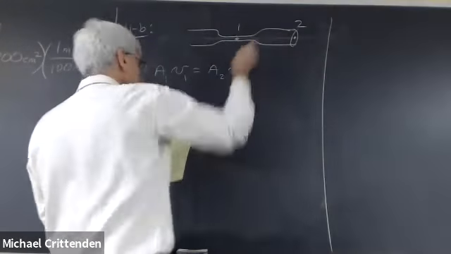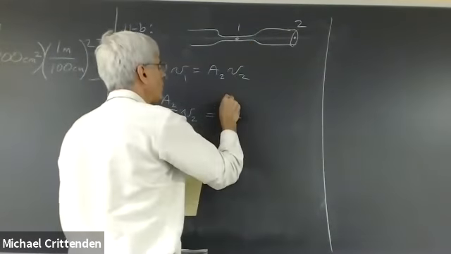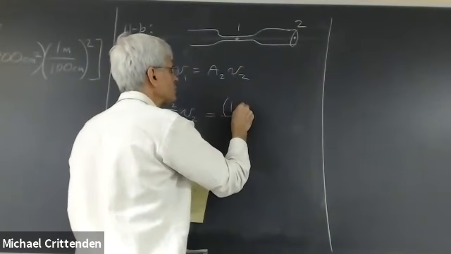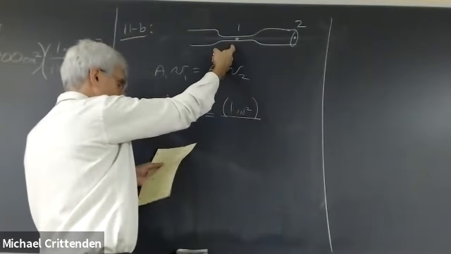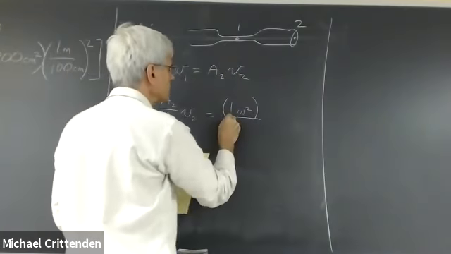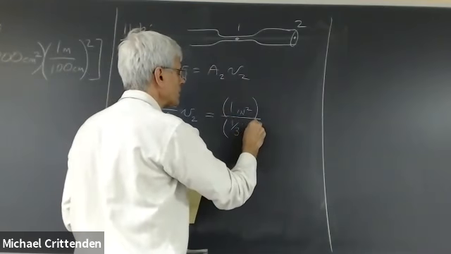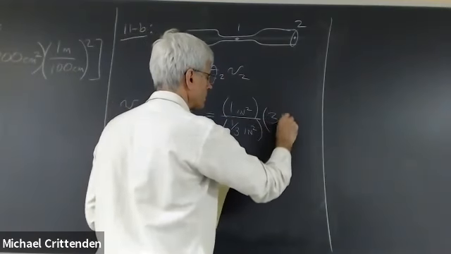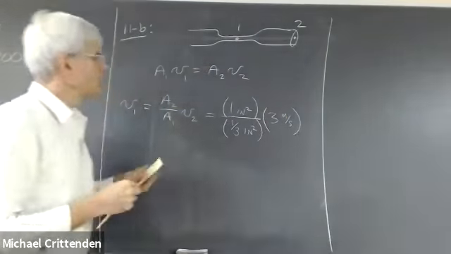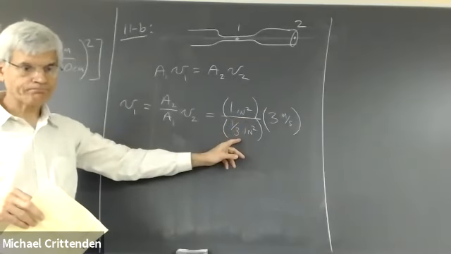The area over here at point number 2 is 1 square inch. The cross-sectional area of the tube here is 1/3 of a square inch. And the speed over there at point number 2 is 3 meters per second.